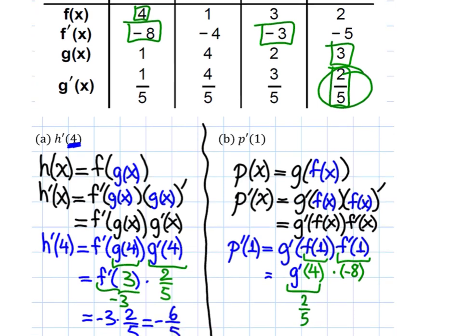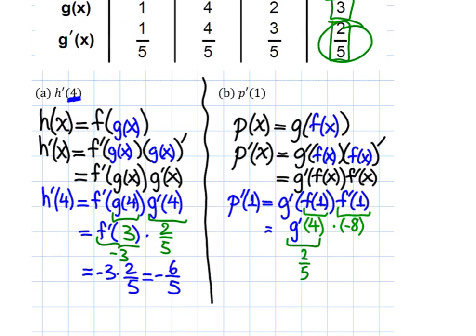Right. And then so we have 2/5 times -8. So that is negative 16 over 5. So when we are not given a function, we have to look up the values in the table. And that's what we do.